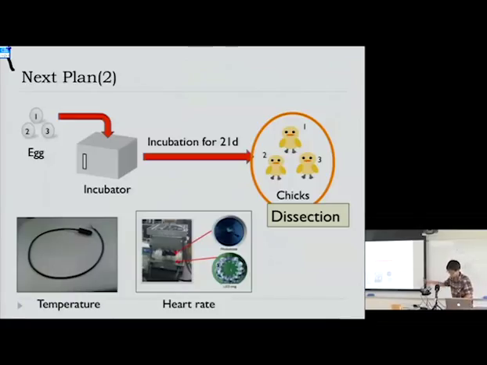And this is a schematic of my procedure. It is almost the same as I explained last time, but this process is new. Dissection, 解剖です。By dissection, after incubation, I dissect all of the chicks and distinguish whether each chick is male or female.